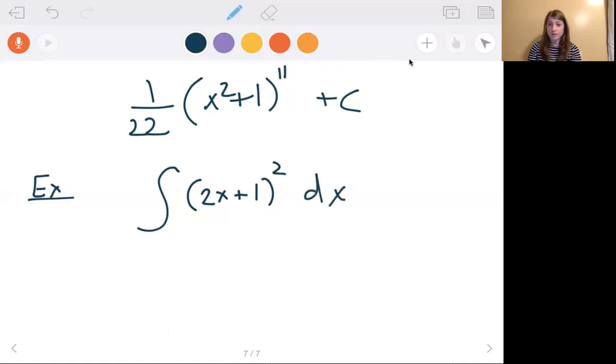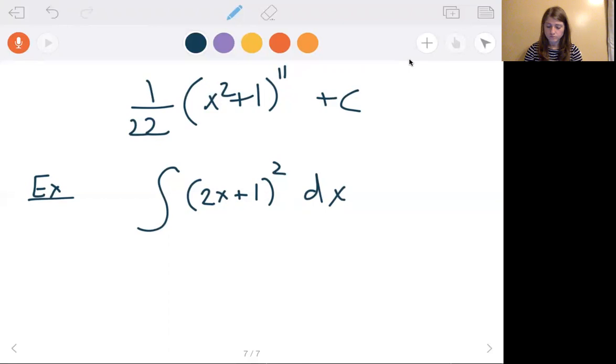So in this particular case, there's 2 ways to do it. The original method of multiply and expand that out, 2x plus 1 times 2x plus 1, do FOIL, and then split up your pieces, integrate that polynomial. That works. But if you can notice, it's kind of like the previous problem, and we could try a u substitution, things will work out quickly.